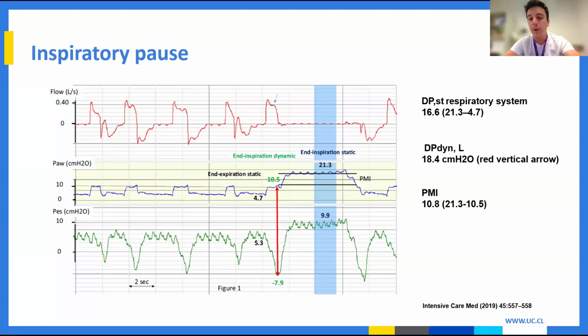And as I said, you can also calculate the pressure muscle index, the PMI, which is the difference between the end inspiratory plateau pressure and the maximum inspiratory pressure, which in this case is around 10 or 11, and is the difference between 21 and 10.5. So what does it really mean? There are some studies trying to interpret and see what this value means.